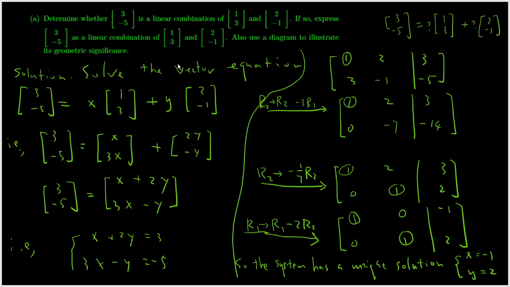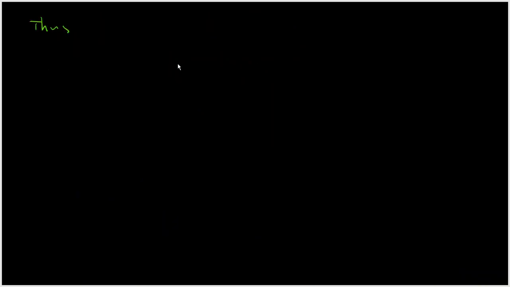So thus, I forgot the vectors already. 3, -5, 1, 3, 2, -1. That vector is indeed a linear combination of this one and that one, right? I didn't leave enough space for myself.